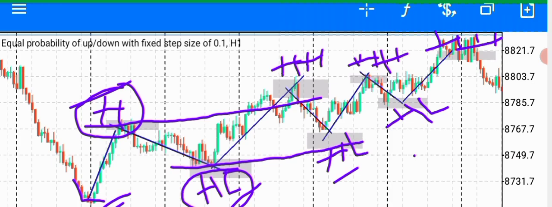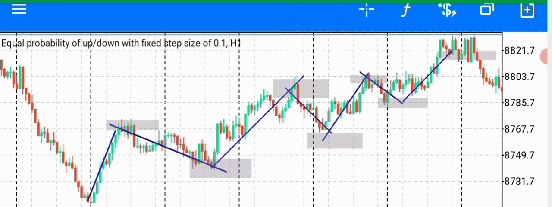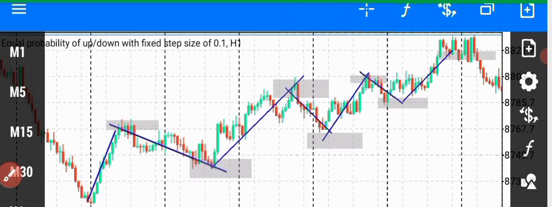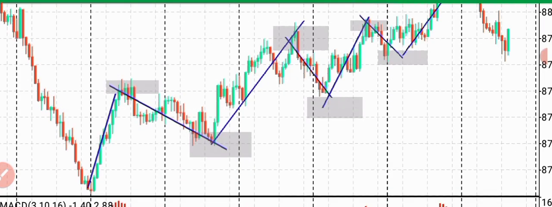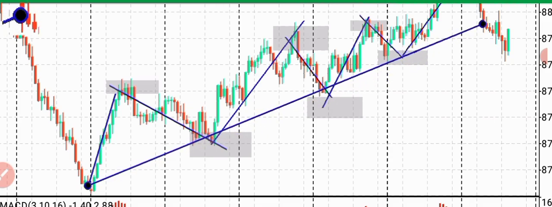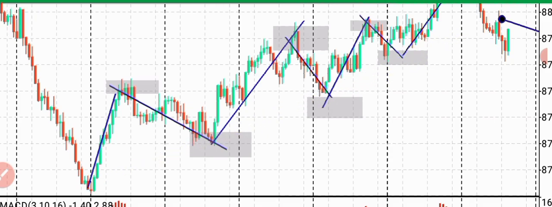The most important point of an uptrend is the higher low. This is what gives us an uptrend, because many of us are only concerned with how to draw our trend line. But now you look at this structure.